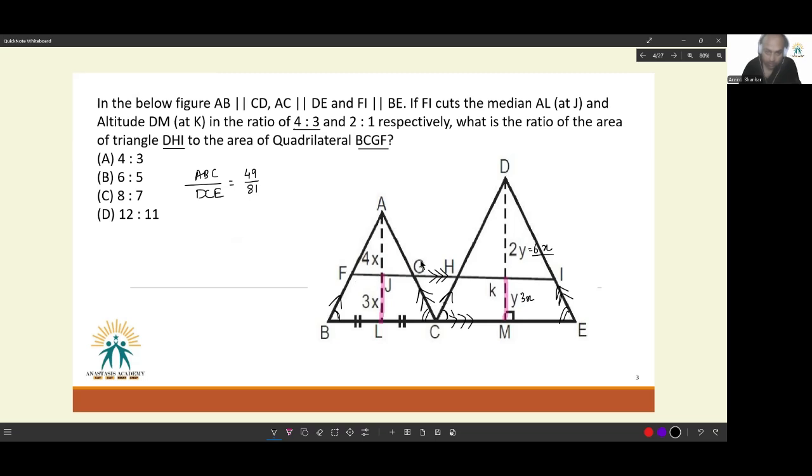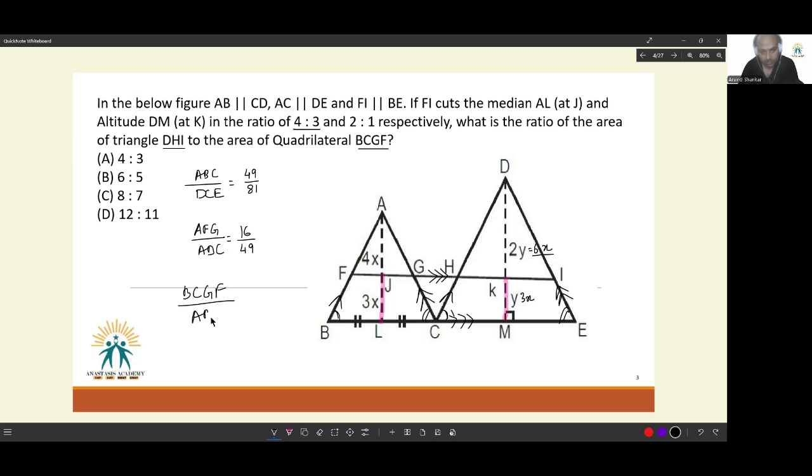So I can also go AFG by ABC is equal to 16 by 49, which will give me BCGF. Let me name it this way. BCGF, because that is what finally the question was.